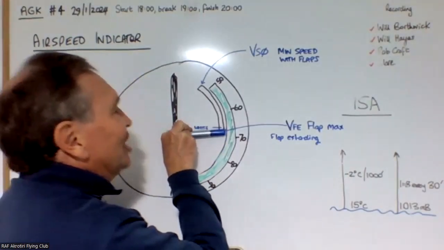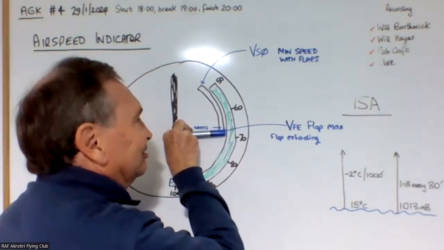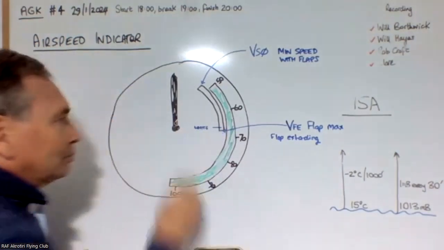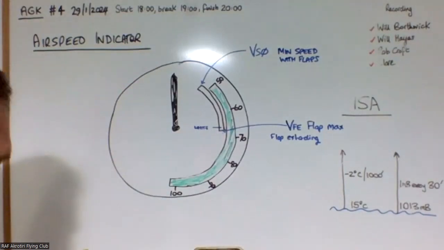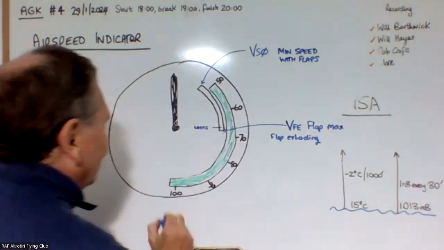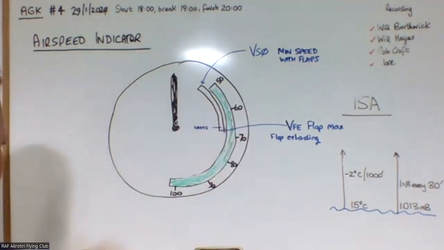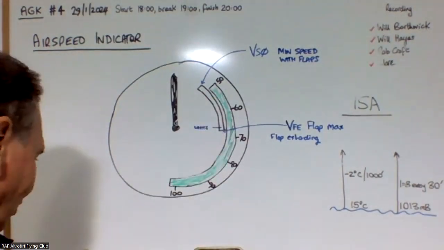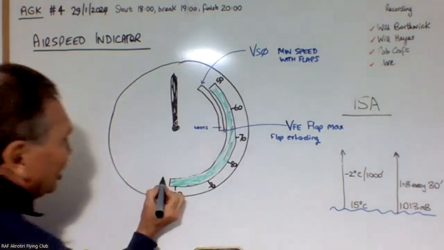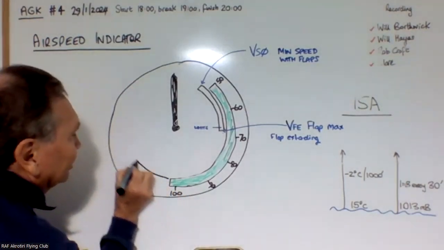Right, as soon as I reach VFE, I can put the flaps out. So this speed here is your normal operation, and then from normal operation, we then have another piece here.